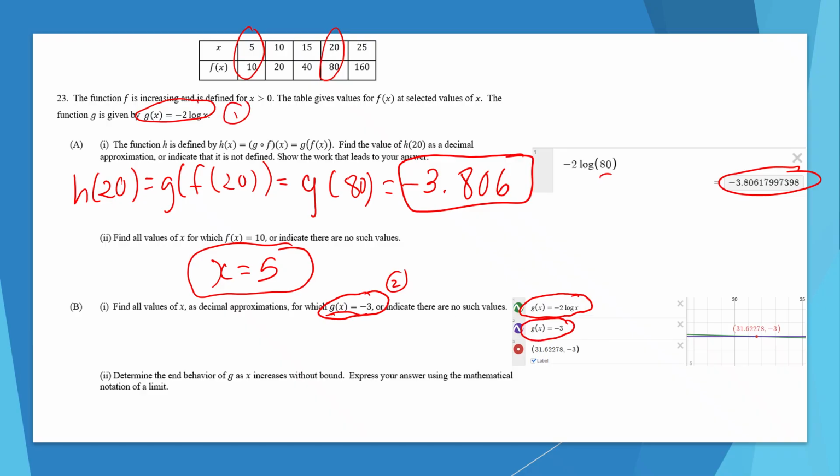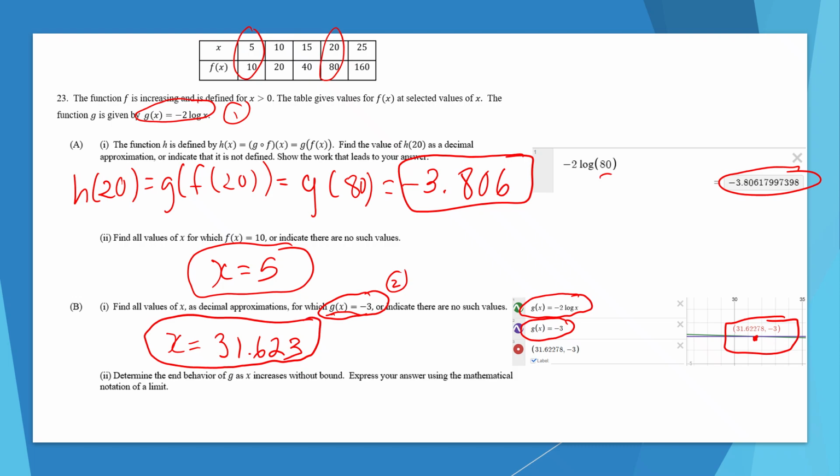And so once you have that, find your intersection point. It may take a little bit of work to do, but there we go. And usually if you hover your mouse over it, it will show up as gray. And so our answer here is going to be x equals 31.62, and then I'm going to round that up to 3. That should be our answer for B1.